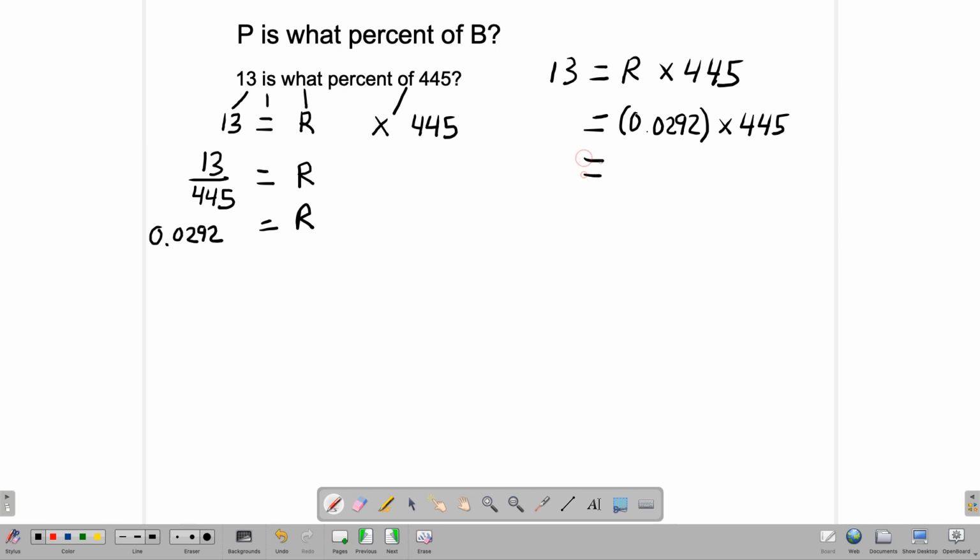We want to see, will it produce 13 or some number close to 13? So we have 445 times 0.0292, and it produces the value 12.994. And when you round up, it is 13. And this is what we wanted to show.